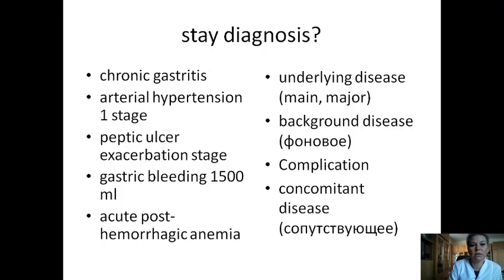You must assign to the right side the main rubrics of pathological diagnosis: chronic gastritis, arterial hypertension first stage, peptic ulcer exacerbation stage, gastric bleeding 1.5 liters, acute post-hemorrhagic anemia.